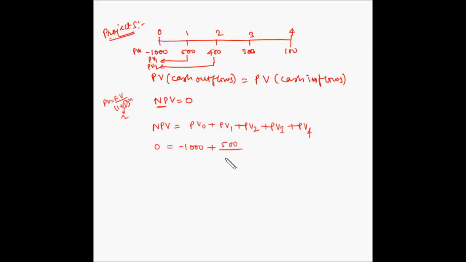So this becomes 500 divided by 1 plus R to the power 1, plus for PV2, 400 divided by 1 plus R square, plus 300 divided by 1 plus R cube, plus 100 divided by 1 plus R to the power 4.